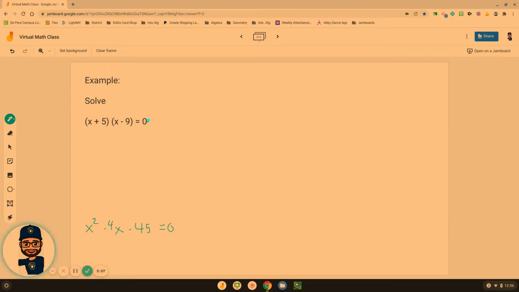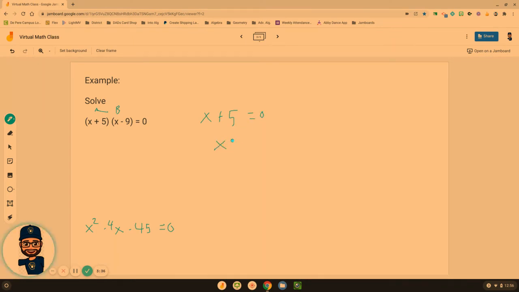So now that we know the equation equals 0, we can use the zero product property. Imagine this is our a and this is our b. a times b equals 0. So either this chunk, x plus 5, has to equal 0, or this chunk, x minus 9, equals 0. And so we solve it twice by setting each factor equal to 0.